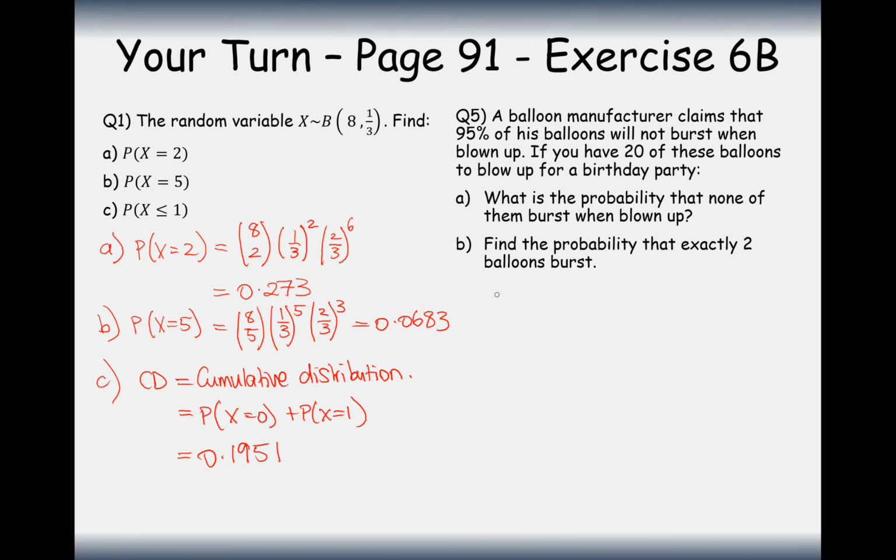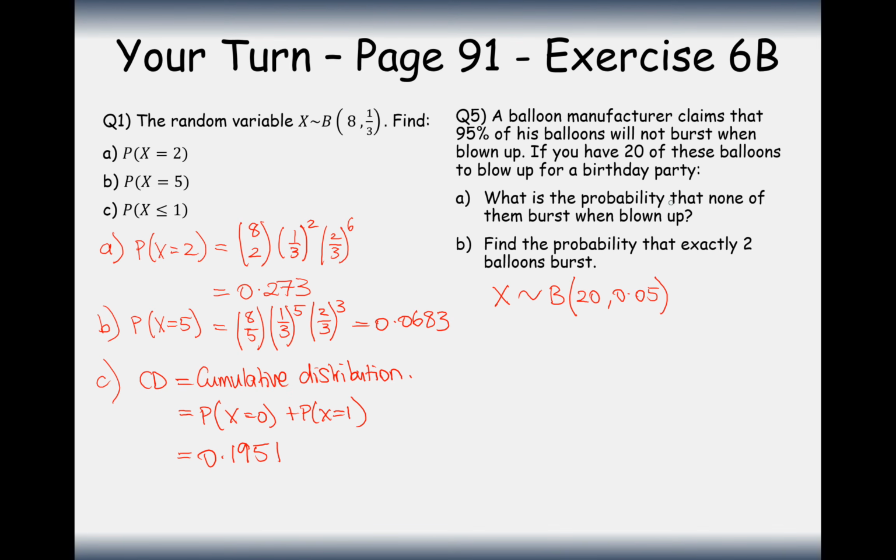So we'll write our probability distribution as a binomial with 20 trials. The success is when it bursts, so we'll count how many burst.